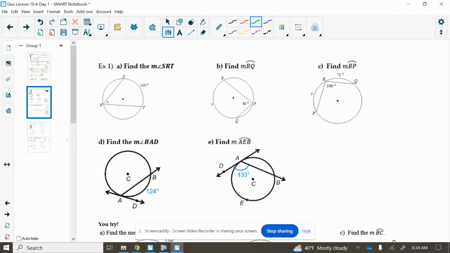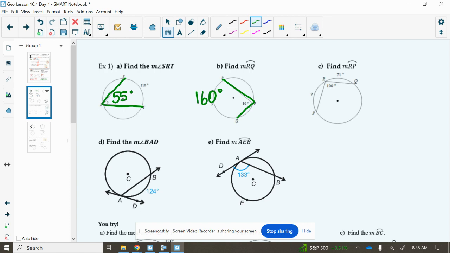So on the next page, if you flip it over, we see some examples of this. Again, we are looking for the measure of angle SRT here. So we know that is going to be half of the arc it is intercepting, so 55 degrees. On the flip side, we are looking for the measure of arc RQ. So we would double 80 degrees to get our arc there, 160.